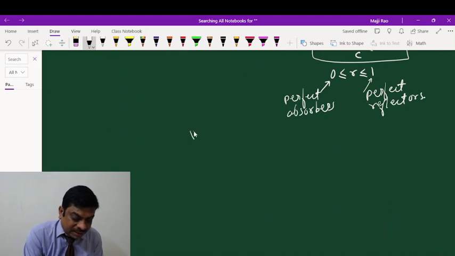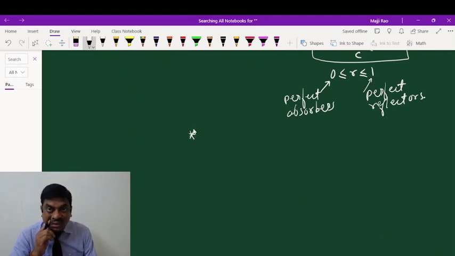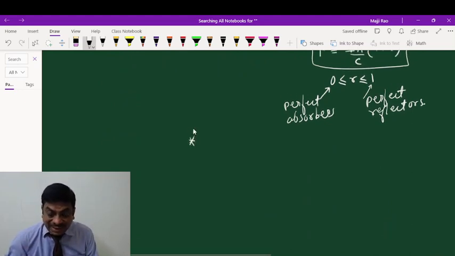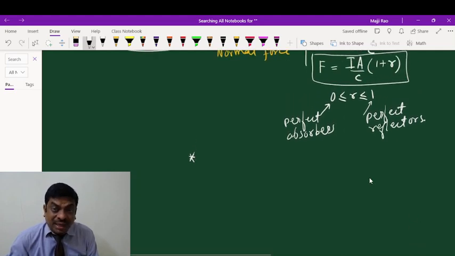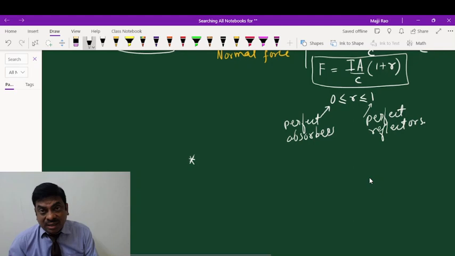So next, let us see the relation between intensity and energy carried.